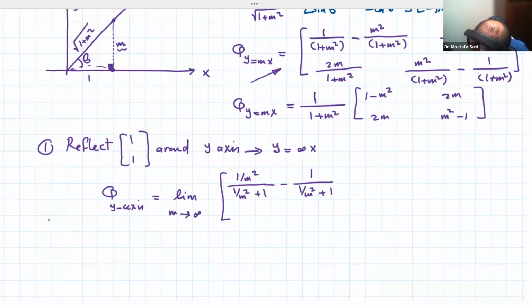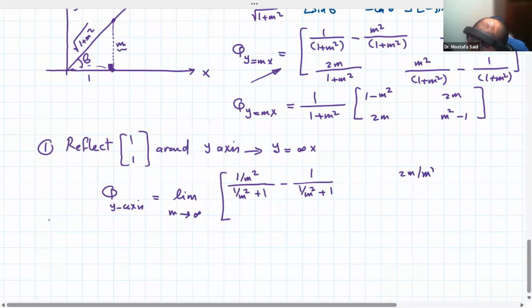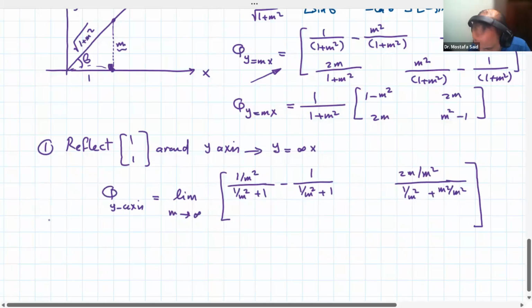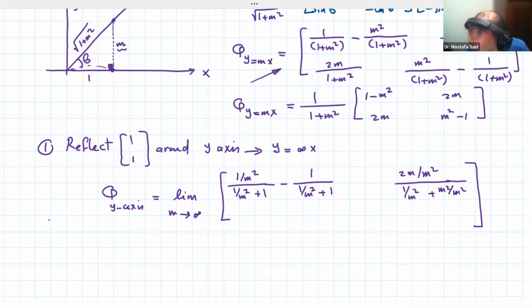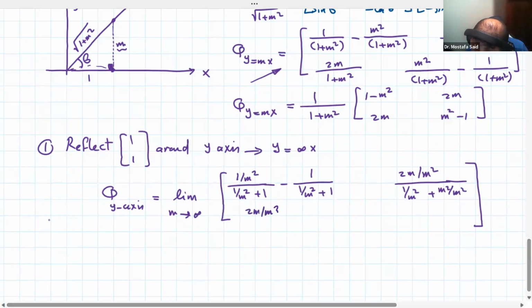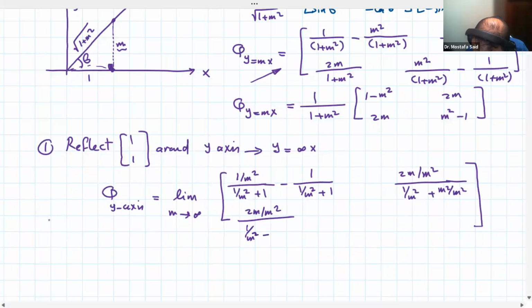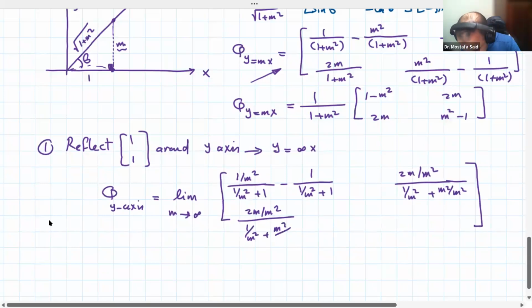Then the same here, divided by m squared, so 2m over m squared, and 1 over m squared plus m squared over m squared. This is how you do it. I know you might not have seen this before, so please follow up or check later, but this is the correct way to do it. So 2m divided by m squared, 1 over m squared plus m squared over m squared, which is 1. Here you can have something like that.